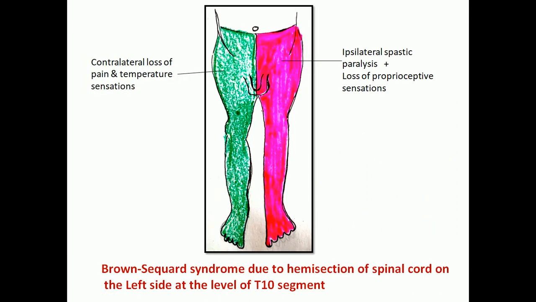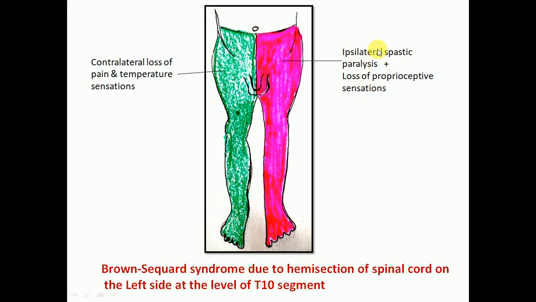Now we discuss the clinical aspects of the spinal cord. There are some signs and symptoms that occur due to hemisection of the spinal cord, particularly on the left side at the level of the T10 segment, which is also called Brown-Sequard syndrome. If the left portion is involved, it causes same side, or ipsilateral, paralysis, that is spastic type of paralysis, and there is also loss of proprioceptive sensation.